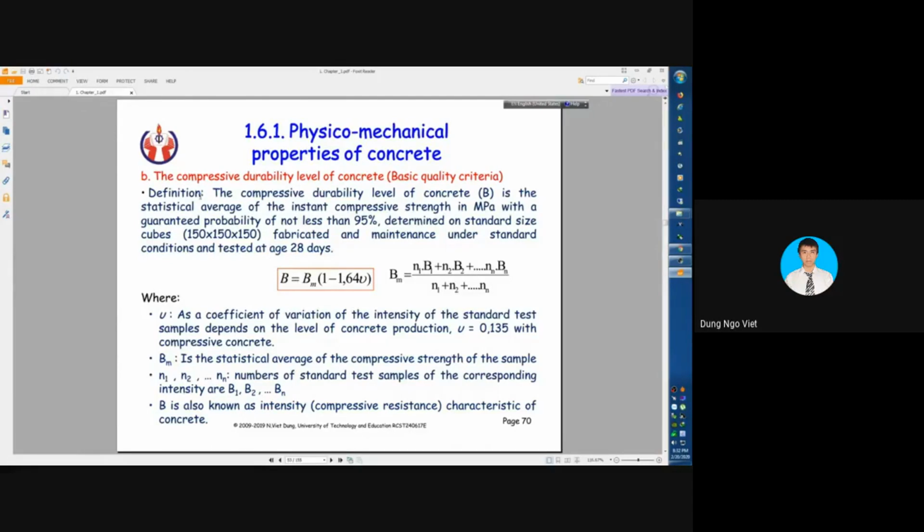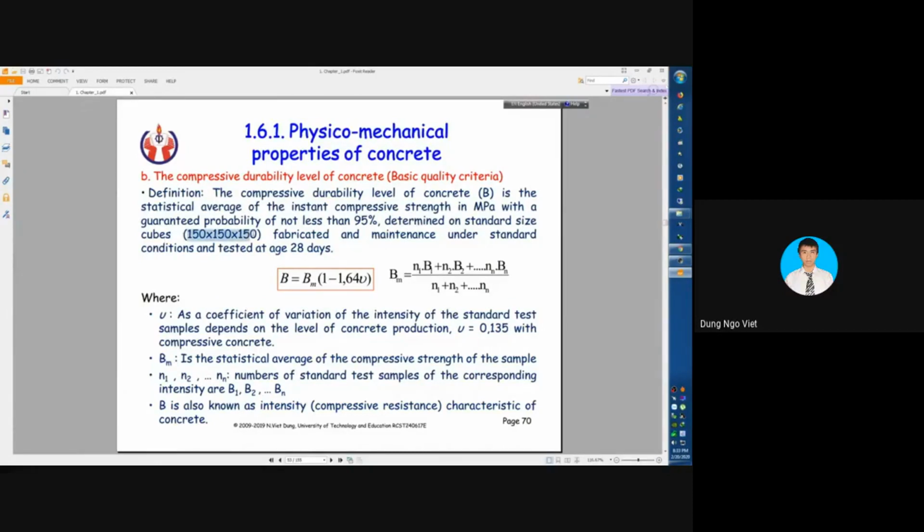So we have the definition. The compressive durability level of concrete, and it was noted by the letter B, and it's the statistical average of the instant compressive strength in MPa with a guaranteed probability of not less than 95%, and it was determined on the standard size cubes.